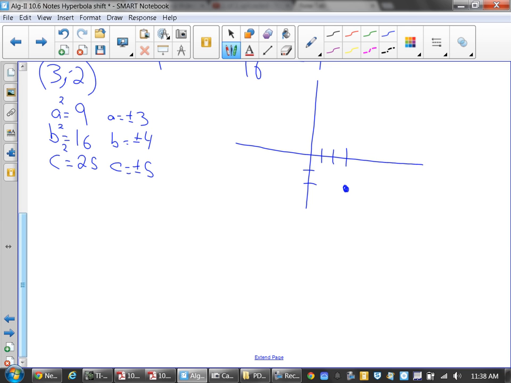This goes up and down, so A, go up 3, oops, I go down 3, left 4, right 4.